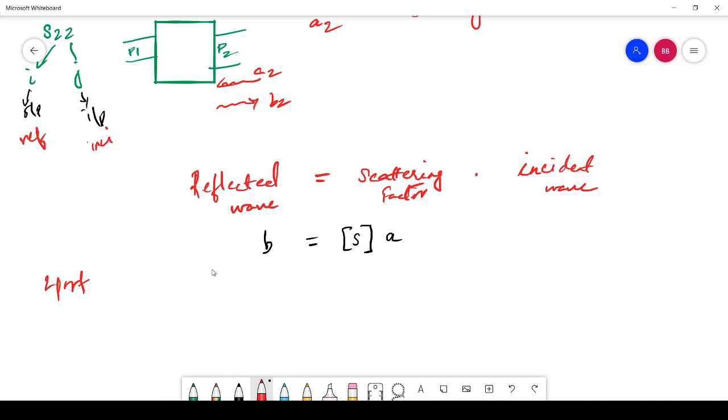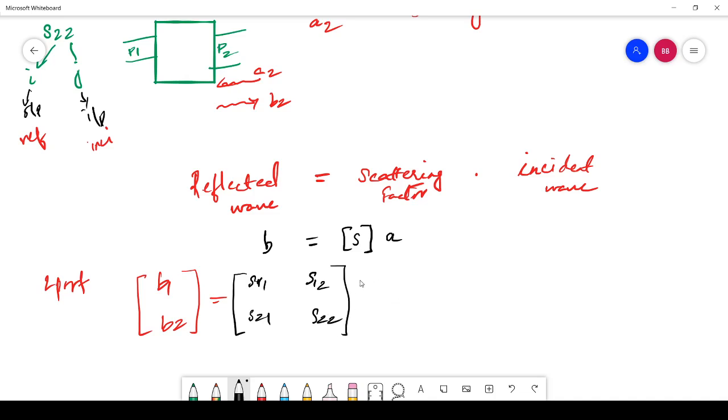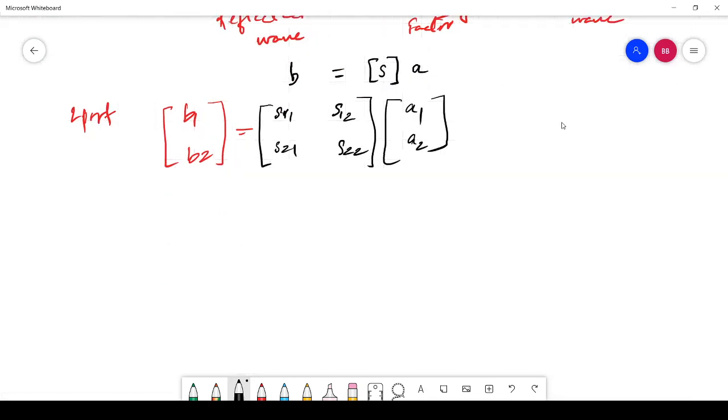I have B1 and B2 as my reflected waves, that is my output, equal to my scattering parameters S11, S12, S21, S22, times my incident waves, that is A1 and A2. So I can write it like this. Okay, so from here I can derive the equations by multiplying this matrix.